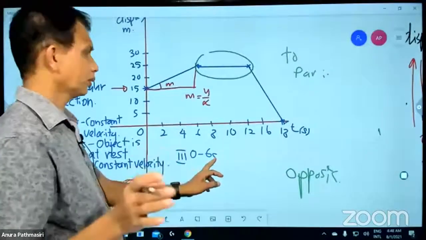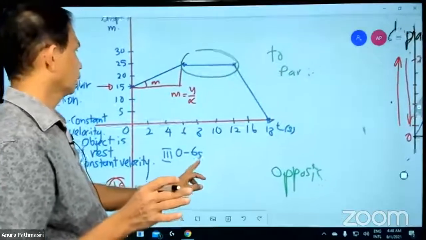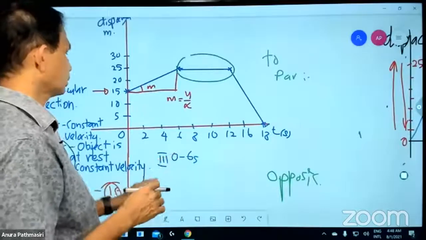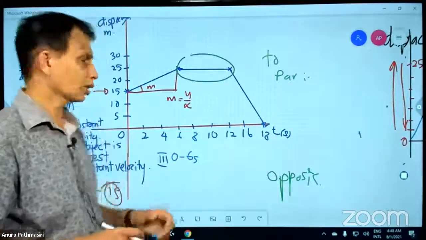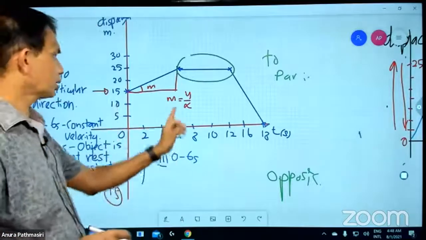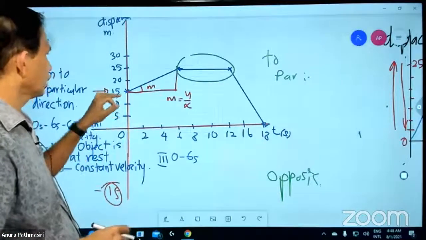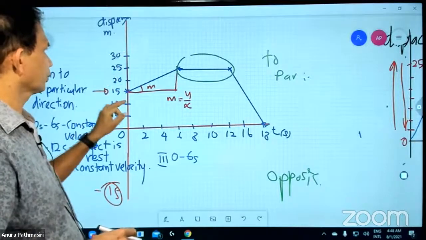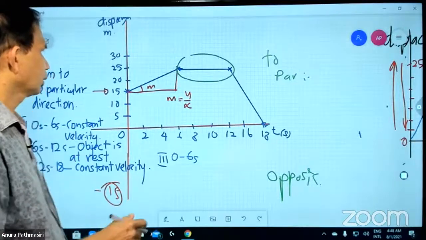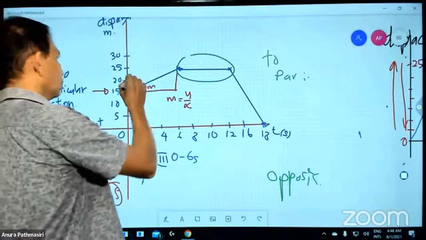I have given you the question. We wrote the question earlier. What I'm asking is the distance traveled from 0 second to 6 second. So there you can see it went up within the particular period. So the distance it traveled is here.